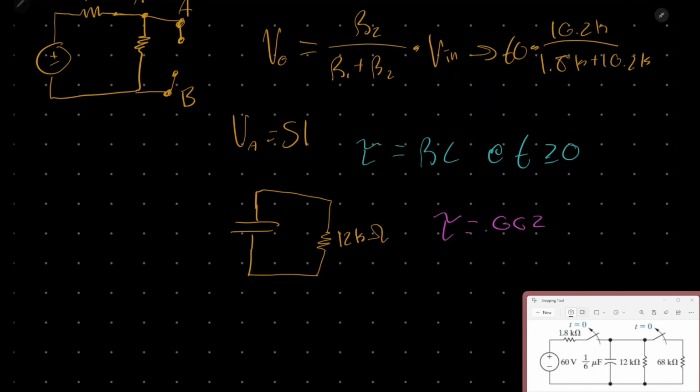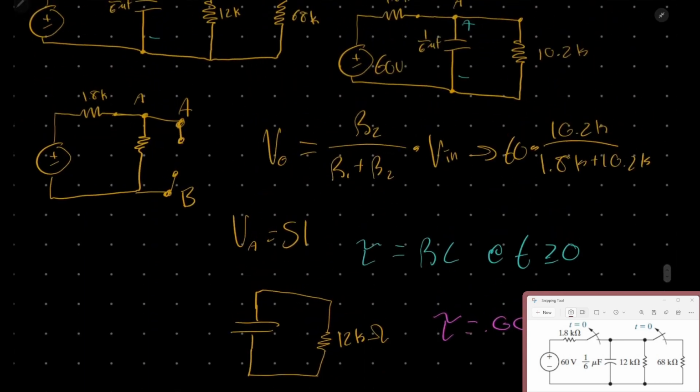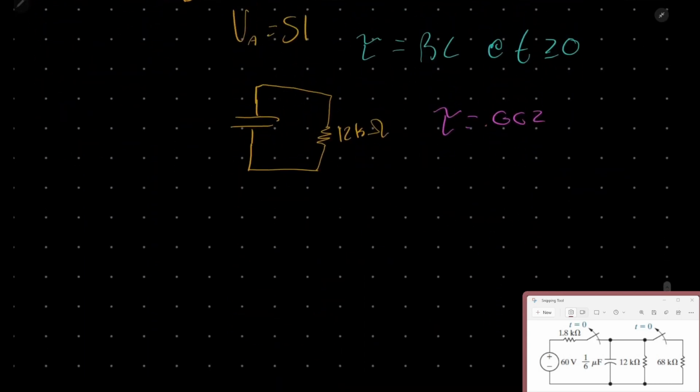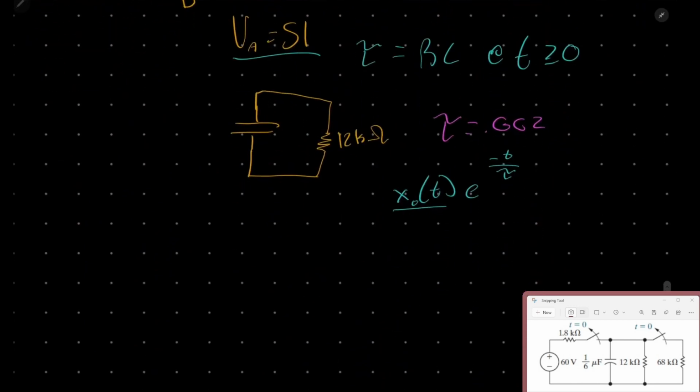Okay, so then we will write our dissipation equation, which has the form x(t) equals the initial x(t) times e to the power of negative t over tau. So now we know our initial value, which is what we got over here, and we know tau, which is what we found right here.